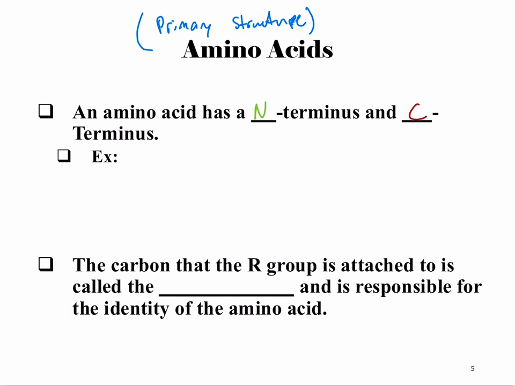Usually at neutral pH, the N terminus is going to be protonated like this. This is connected to what's called the alpha carbon, and this is going to be the stereocenter for the amino acid. And then that's connected to the C terminus, which is usually deprotonated at neutral pH.